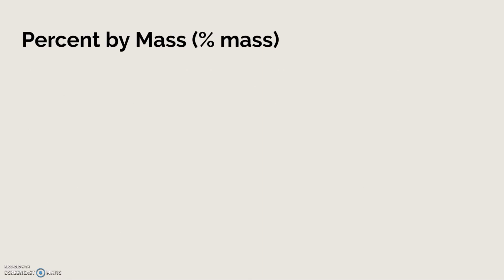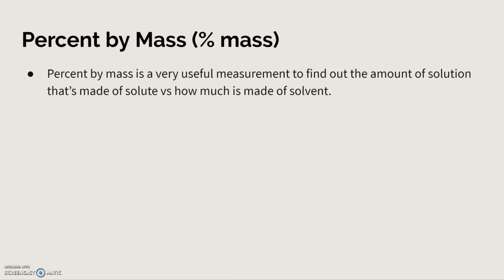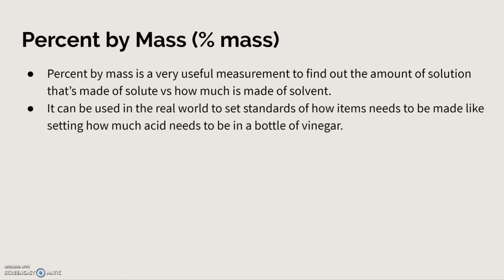Next, we'll go on to the first new form of measurement of concentration, which is percent by mass. Percent by mass can be a useful measurement to find out the amount of solution that's made of solutes versus how much is made of a solvent. This may be used in the real world to set standards, like setting how much acid needs to be in a bottle of vinegar.